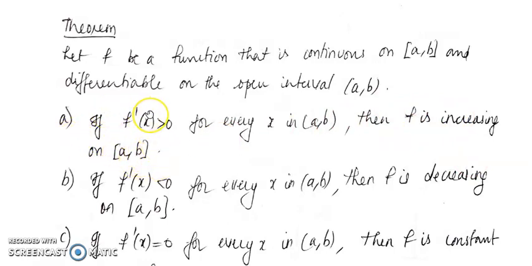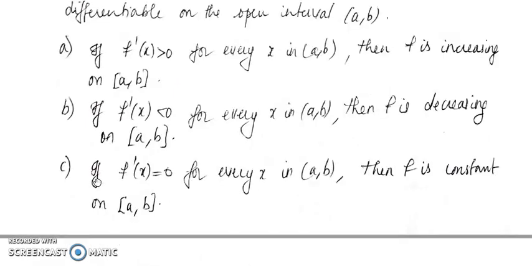So f dash of x positive ആണെങ്കിൽ the function will be increasing on closed interval ab, and if f dash of x is less than 0, then the function will be decreasing on the interval ab. ഇനി അതുപോലെ f dash of x equal to 0 ആണെങ്കിൽ the function will be a constant on the closed interval ab. So those are the conditions for increasing, decreasing and a constant function when the function is differentiable.